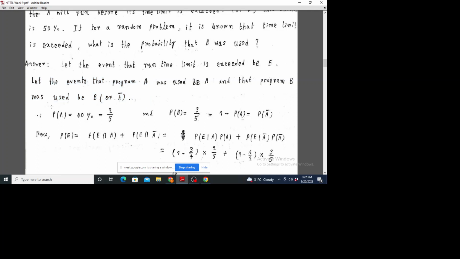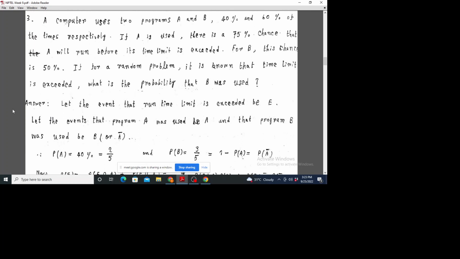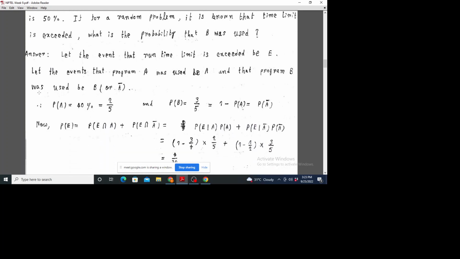So now in the question we are given that the computer uses the program A 40% of the time. So that means the probability of occurrence of the event A is 40%, that is, probability of A is 2 by 5.